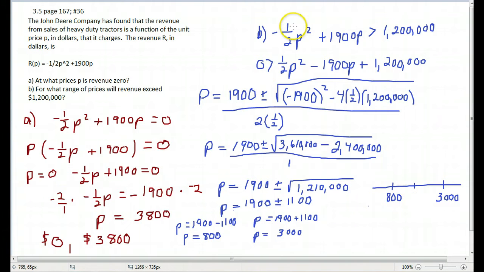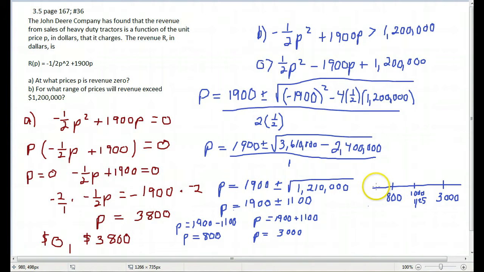I plug it into my original inequality up here. If I take negative 1/2 times 1,000 squared plus 1,900 times 1,000, I get 1,400,000, which is larger than 1,200,000. So at 1,000, yes, it worked.